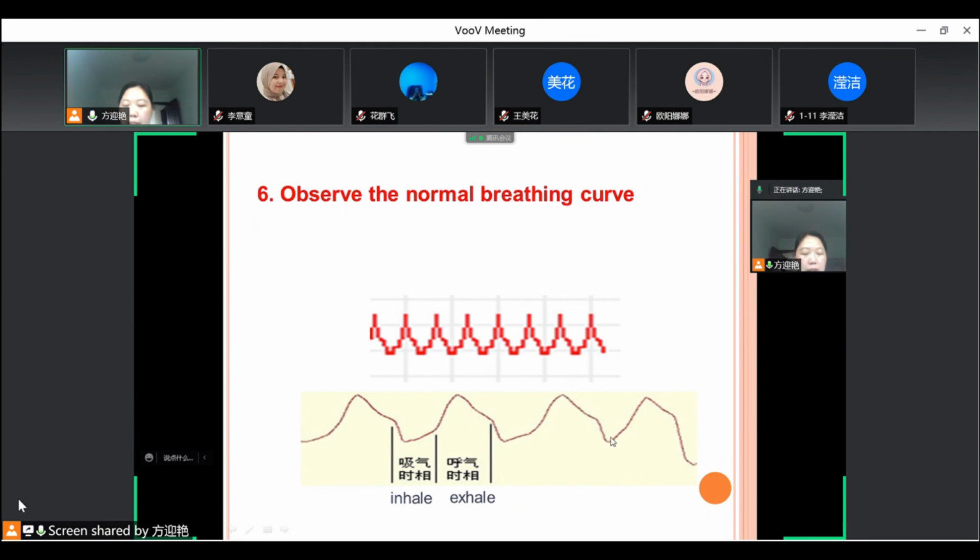Inspiration, expiration, inspiration, expiration. There is also the height, which is the amplitude of the inspiration curve, and this shows the rhythm or the rate of respiration.